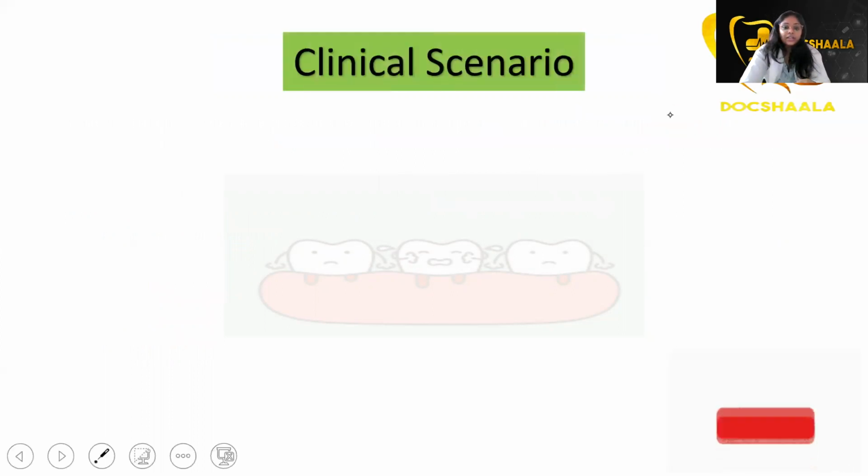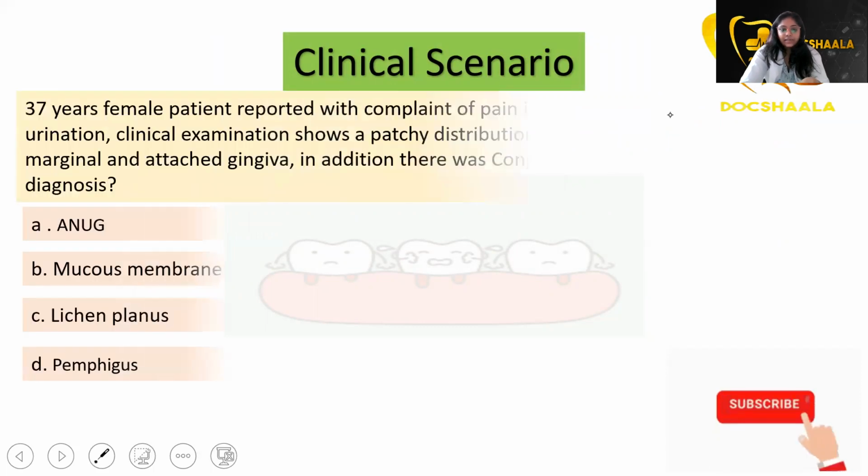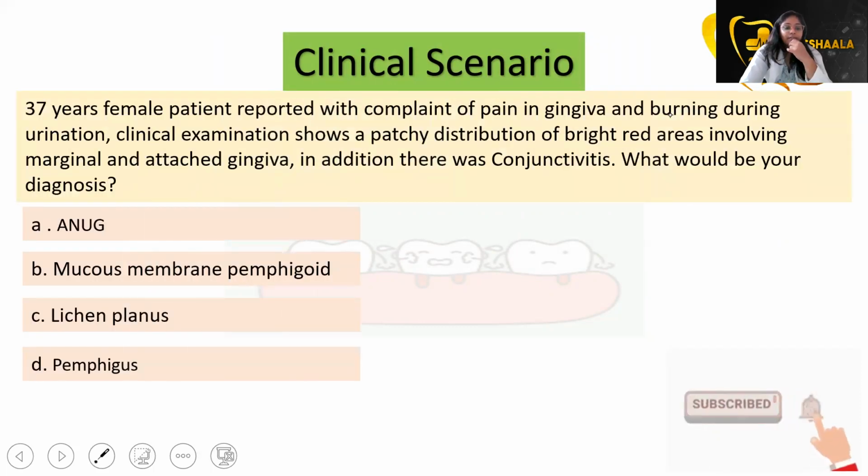Okay. Then coming to a clinical scenario that we see. A 37-year-old female patient reported with a complaint of pain in gingiva and burning during urination. Clinical examination shows a patchy distribution of bright red areas involving marginal and attached gingiva. In addition, there was conjunctivitis. What would be your diagnosis?